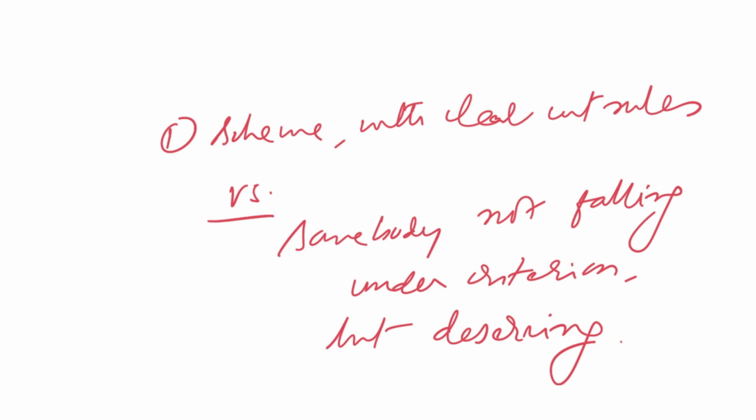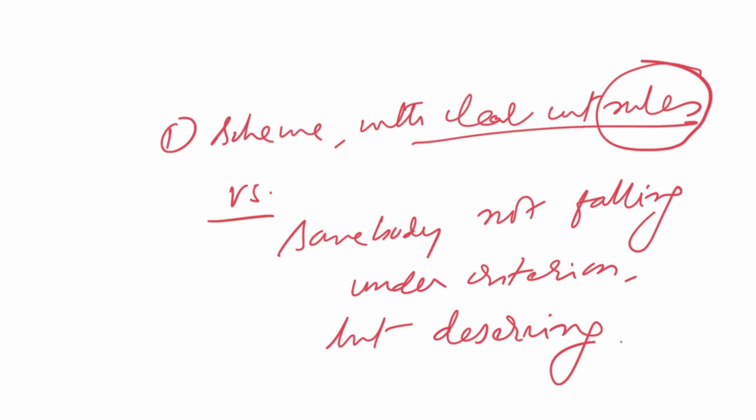Many questions are of this type. A scheme with clear-cut rules: if one follows the rules very clearly, then this couple will not be eligible, though they deserve it very much.